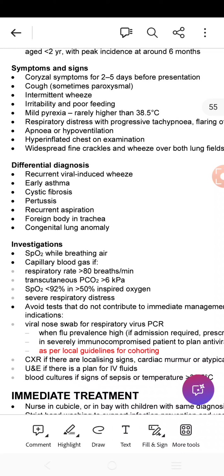Now, how do you manage these patients? The management is very important. First of all, you should isolate the baby.